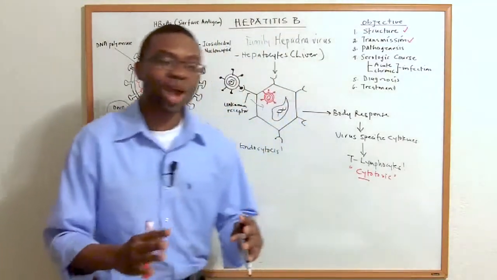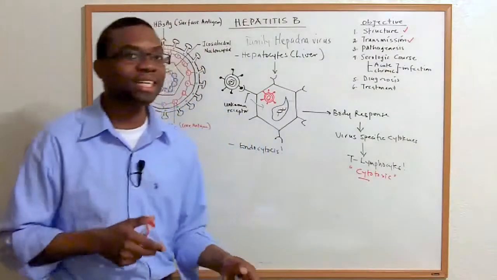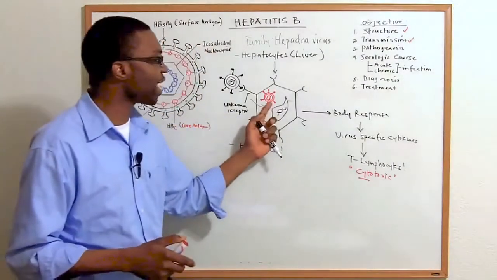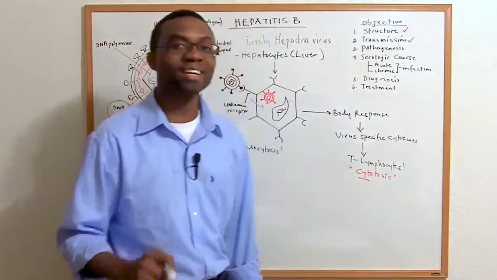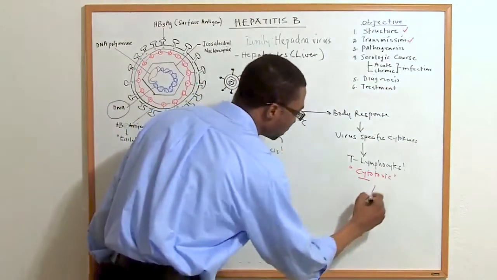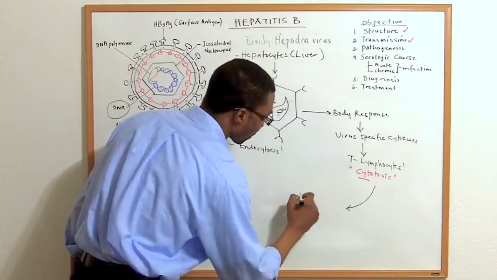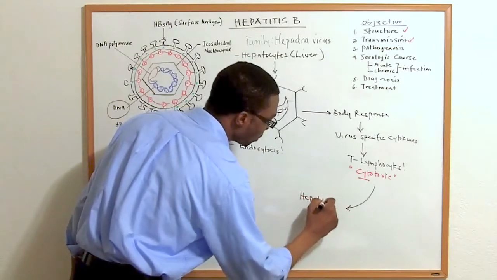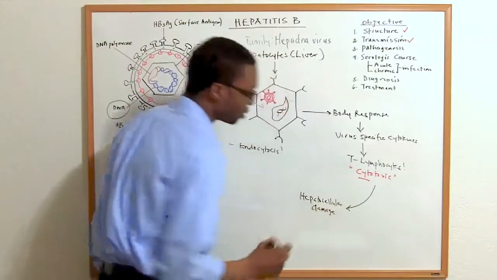Now, in the process of trying to destroy the virus, like they're shooting and they're killing, and the T lymphocytes are trying to destroy the virus, the cells are going to be destroyed. The hepatocytes are going to be destroyed. And this is going to lead to hepatocellular damage. So they're going to cause hepatocellular damage, right?